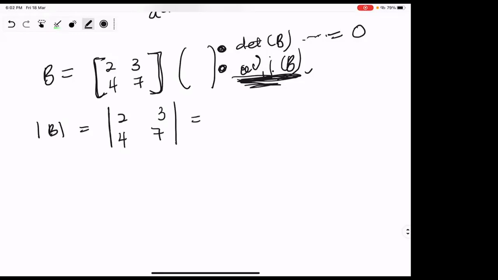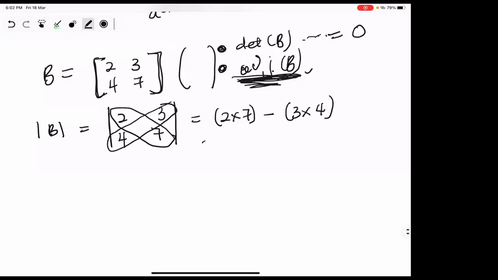So this is equal to the product of members on the leading diagonal, 2 times 7, minus the product of members on the other diagonal, which is 3 times 4. Simplifying, 2 times 7 is 14, minus 3 times 4, which is 12.